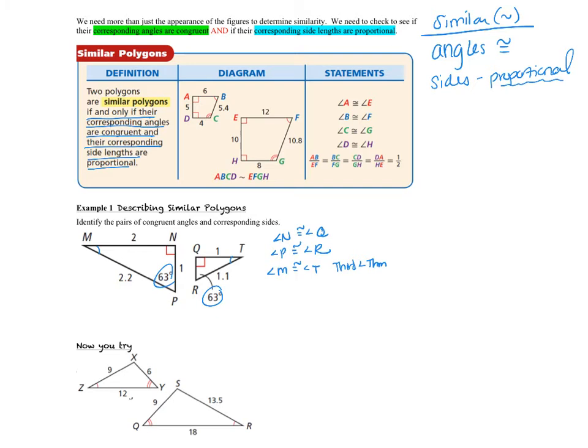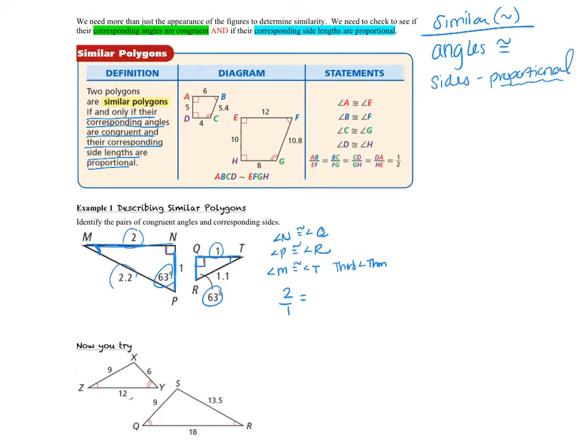Now we need to know that the sides are proportional. So NP is supposed to match QR. And MN, which is in between the one mark I made and the right angle, matches QT. So that would be 2 over 1. If I go from left to right, I can put this 2 over the 1.